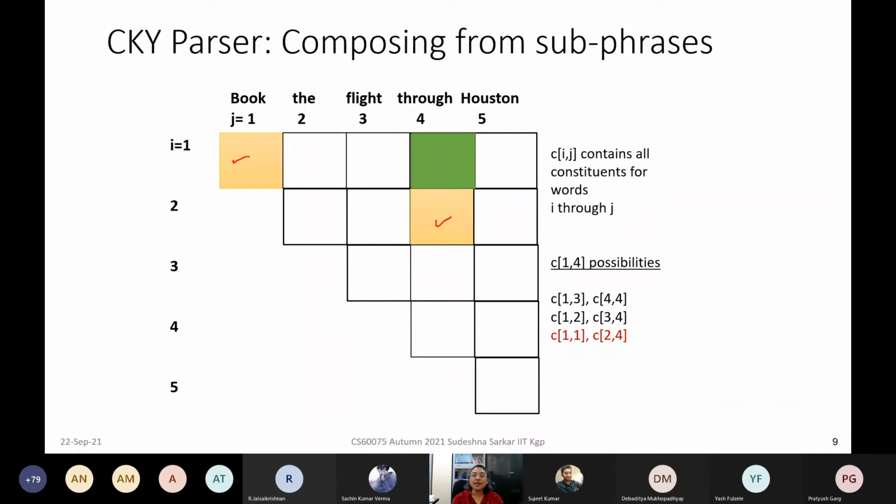Now, if we can get all these three decompositions, that is, if we can get the values of these 6 cells, then we can fill up the cell C14. We are going to fill up all the cells, and we have to fill them in an order such that before we fill up a cell, all the cells whose values it depends on must be filled up.